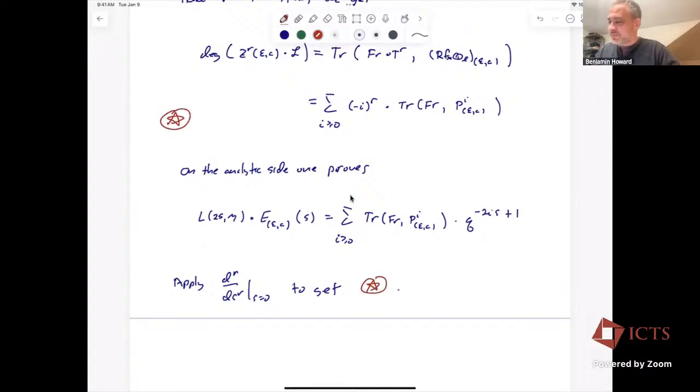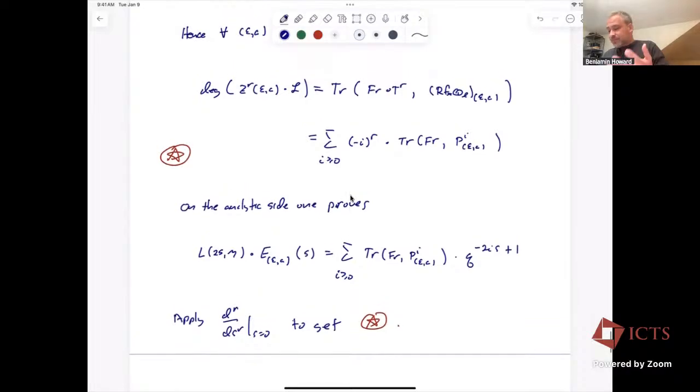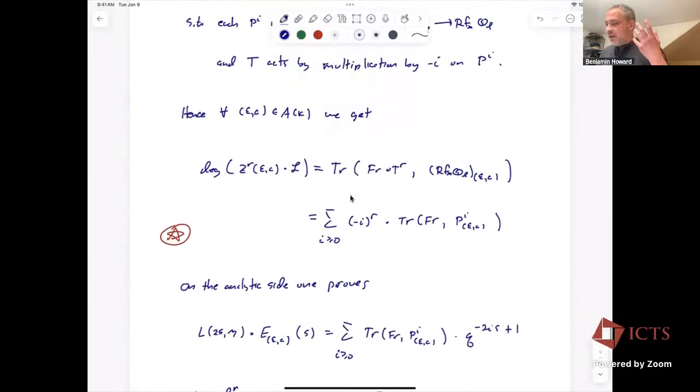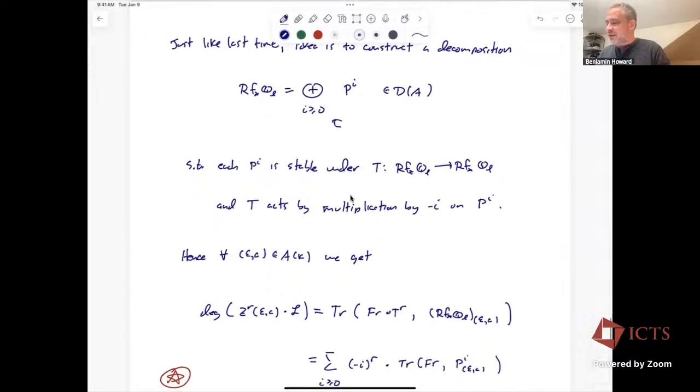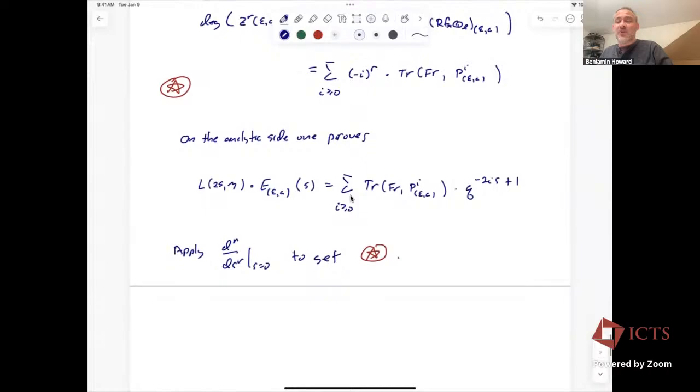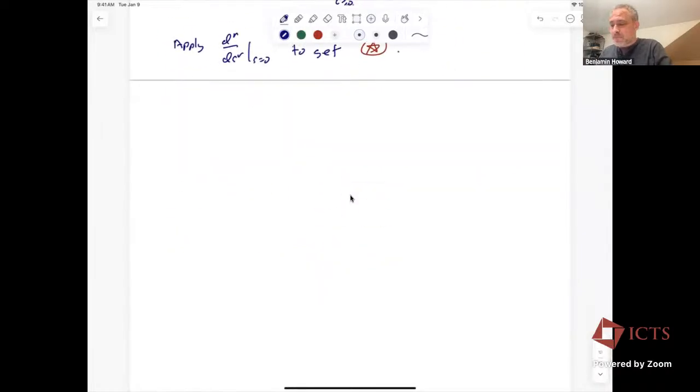But in order to construct this decomposition and understand how the Hecke operator acts on it, just like in the last lecture, you have to really have a detailed understanding of the geometry of this Hitchin fibration. And so I'm going to describe to you roughly what this Hitchin fibration looks like.